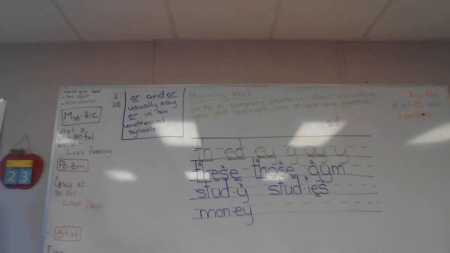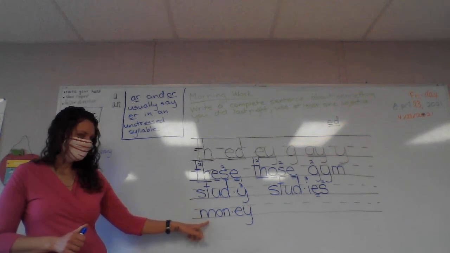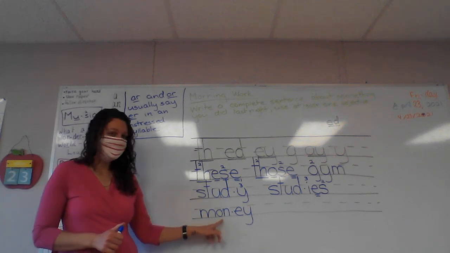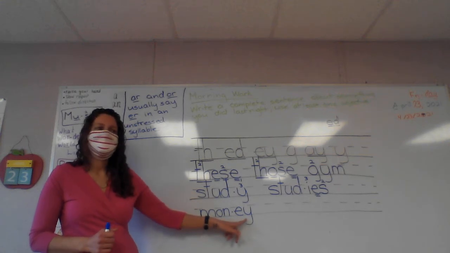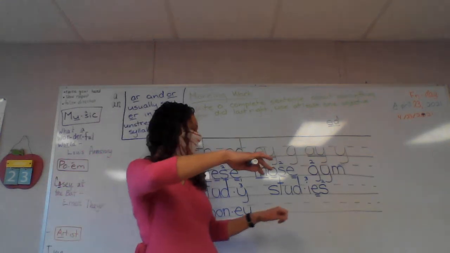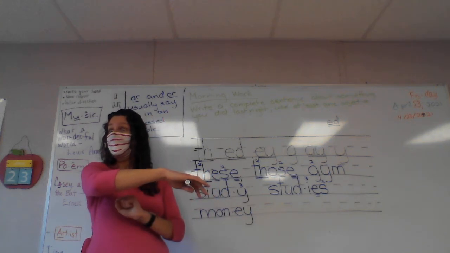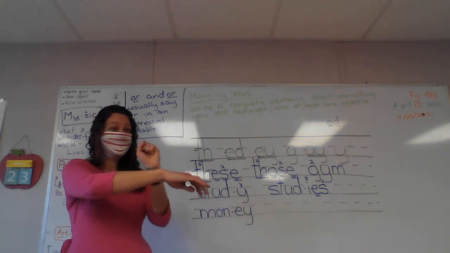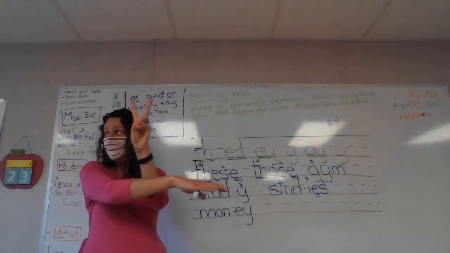All right, and let's mark it. Does this need a marking? How about this one? How about this guy? How about this one? All right, we'll underline it, but what are the two sounds of this phonogram? A, E. How do we need to mark it? We don't want to say money, because that wouldn't be a word. We've got to put that 2 on top.